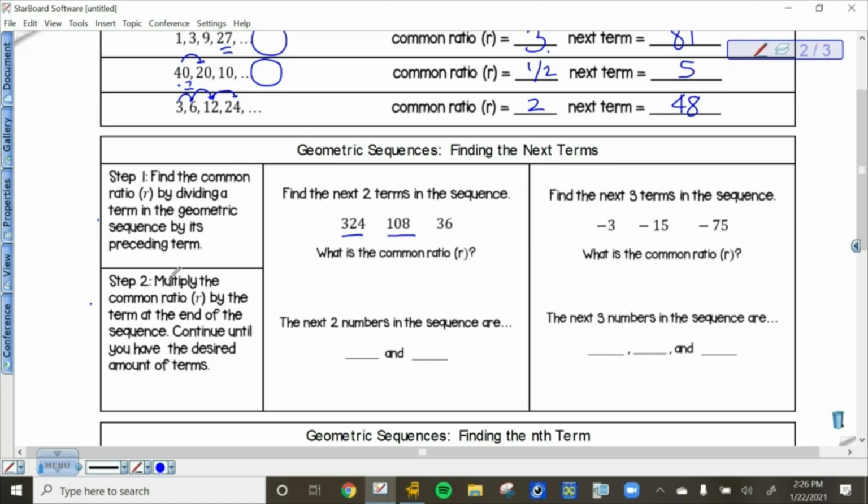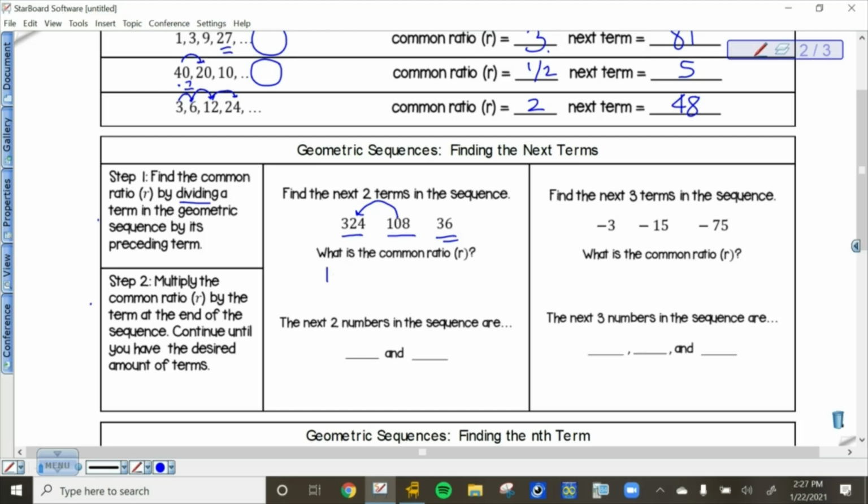And then we want to multiply that common ratio by the term at the end of the sequence and continue until we have the desired amount of terms. So we first find our common ratio. We find that by dividing a term in the sequence by its preceding term, so the term behind it.